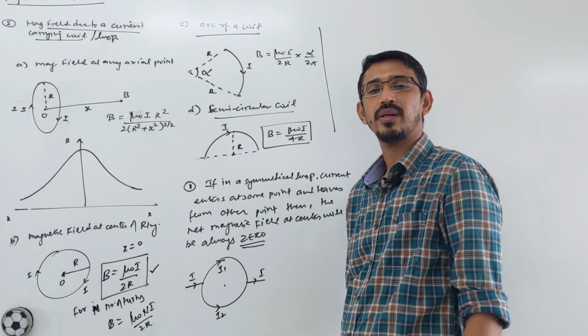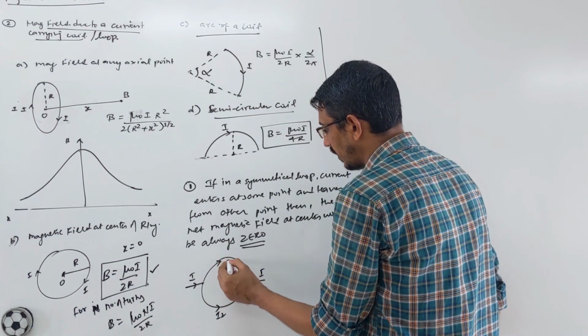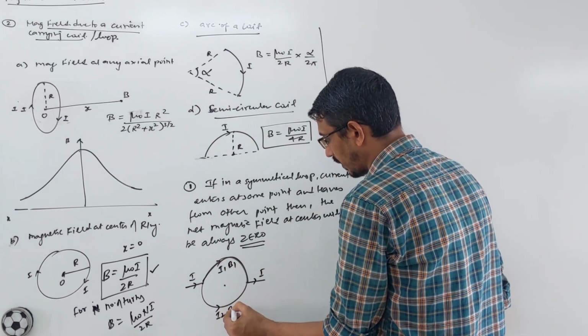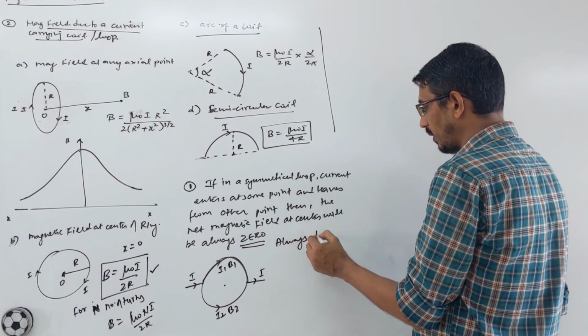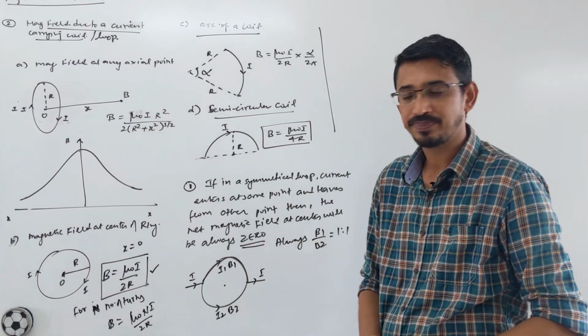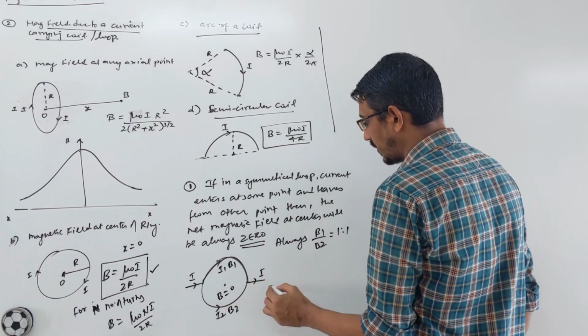These two fields will be opposite to each other. Suppose the top part produces a field B1 and the down part produces B2. Then always your B1 by B2 ratio will be 1:1, or you say the net magnetic field at center will be always 0.